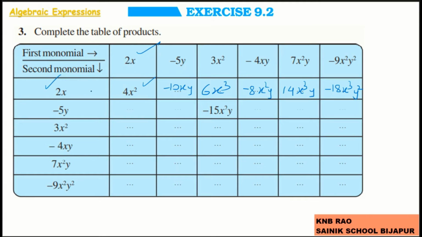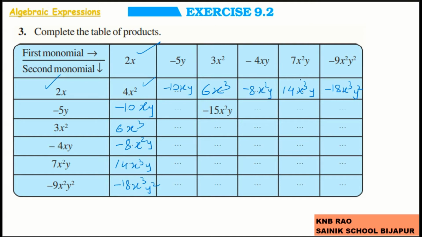So minus 5y into 2x gives me minus 10xy, 3x square into 2x gives 6x cube, minus 4xy into 2x gives minus 8x square y, 7x square y into 2x gives 14x cube y, minus 9x square y into 2x gives minus 18x cube y square.